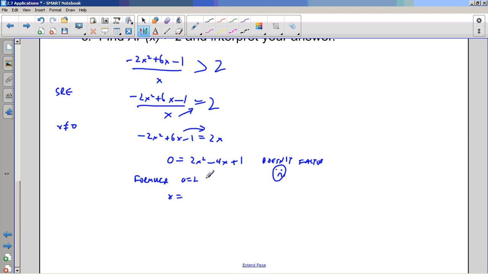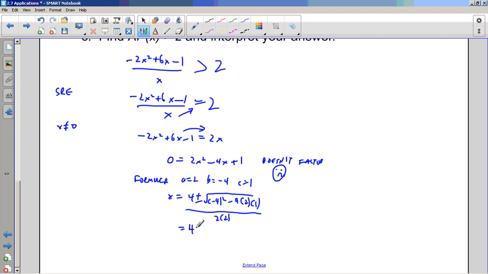A is 2, B is -4, C is 1. 4 plus or minus the square root of -4 squared minus 4AC, all over 2A, which is bing, bing, bing on your calculator.